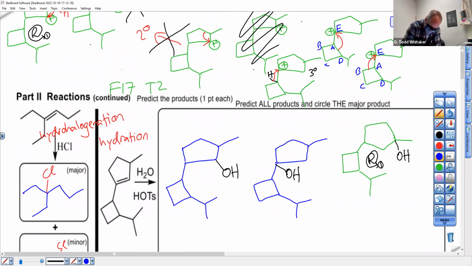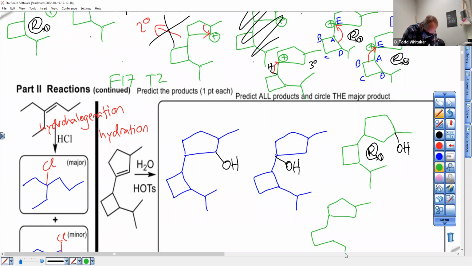We're sticking with green, rearrangement 3, and I'm going to go straight to the product this time. Rearrangement 4, I'm going straight to the product. So we copy the 5, and then the bond from here, and then the bond to B, C, D, and then the bond to isopropyl.